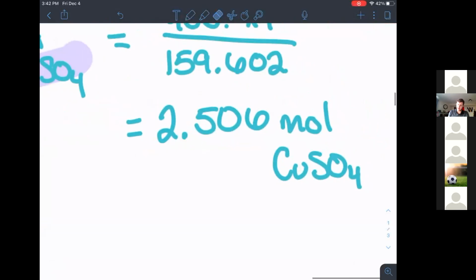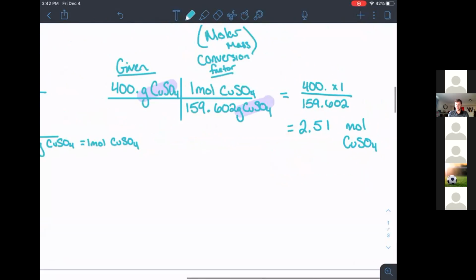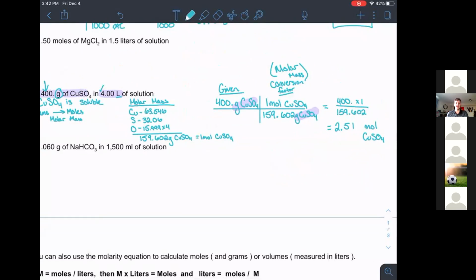So we're going to erase that 0.6 and we're going to replace it with the 5.1. So 2.51 moles of copper sulfate. Now that we have the number of moles, can we calculate the molarity of this solution? The concentration.